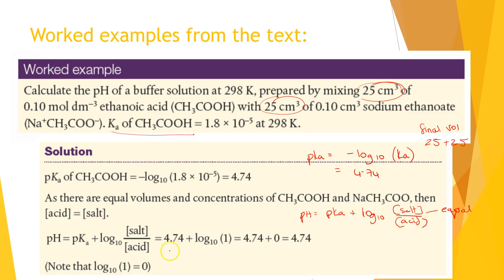So we substitute in our 4.74, the pKa value that we worked out, plus log to base 10 of 1, which is 4.74 plus 0. So the pH of the solution will be 4.74 for a buffer made of equal amounts of ethanoic acid and sodium ethanoate.